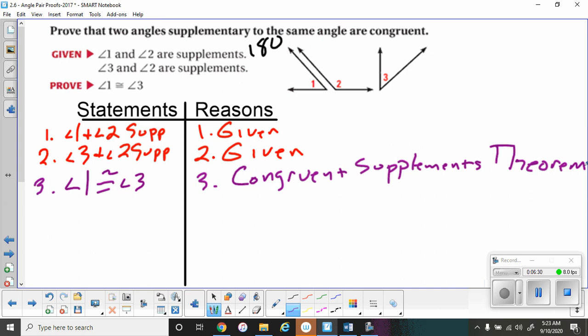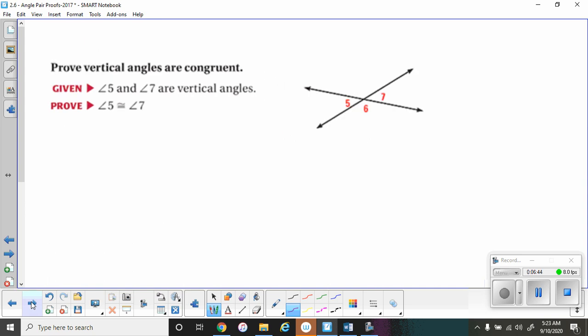Congruent supplements theorem: if two angles are supplementary to the same angle, in this case, the same angle is angle 2, then they're congruent. Okay. Angle 5 and 7, this is a two-step proof. Hit pause and see if you can do it.